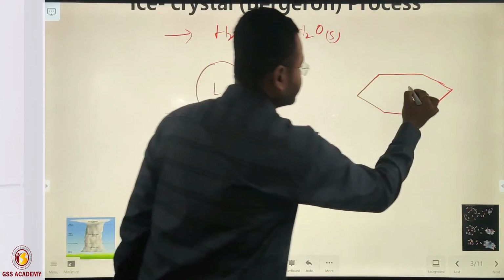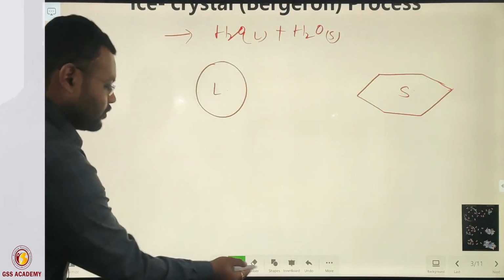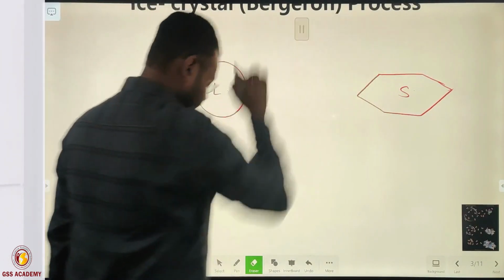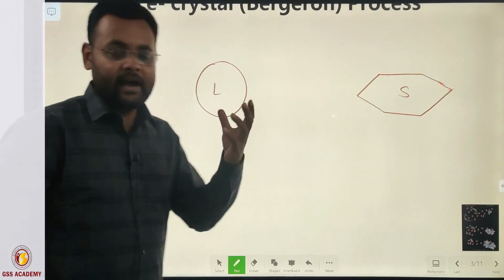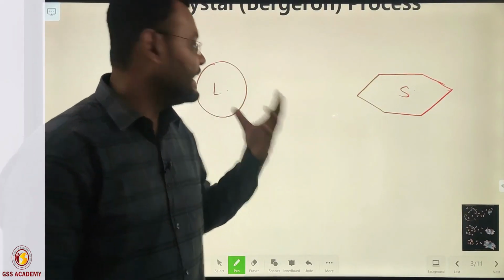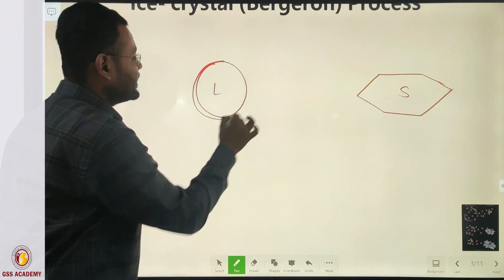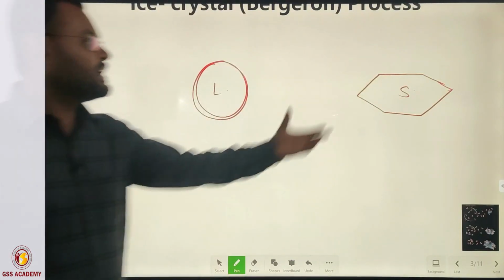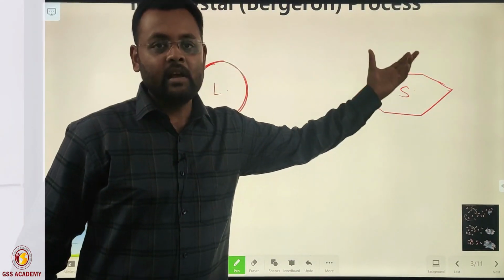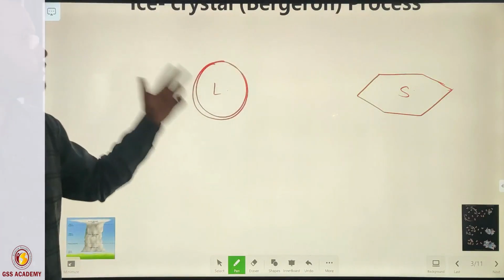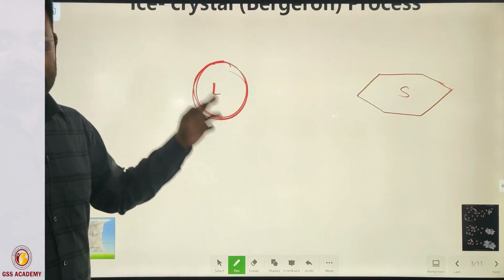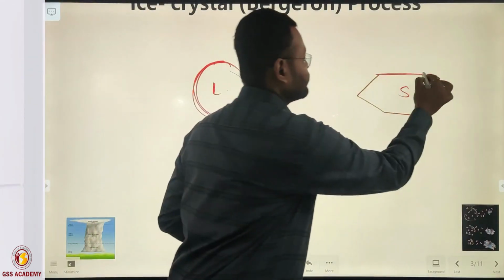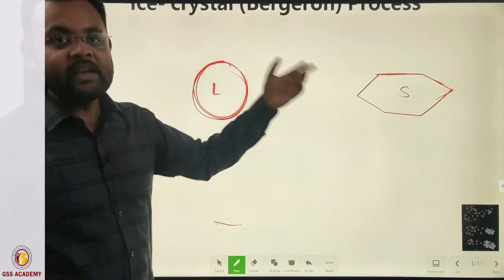This is liquid water, this is your solid water. Now I expect you all know that a water molecule can leave liquid water much more easily in comparison to ice. The water molecule can leave the surface of liquid water much more easily than the surface of this ice crystal.